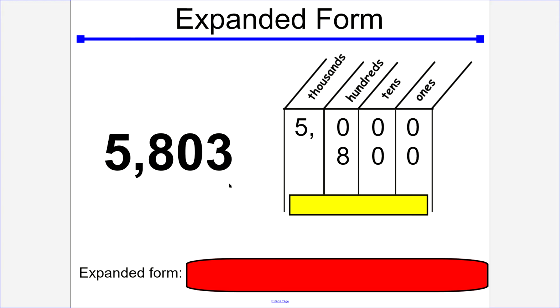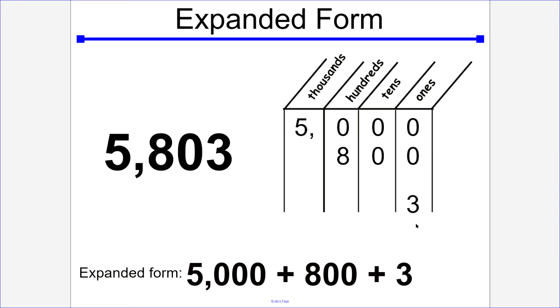There's no value to write. Finally, let's look at the ones place. There's a 3 in the ones place, so the value of the ones place is 3. If I wanted to write 5,803 in expanded form, it would look like 5,000 plus 800 plus 3.